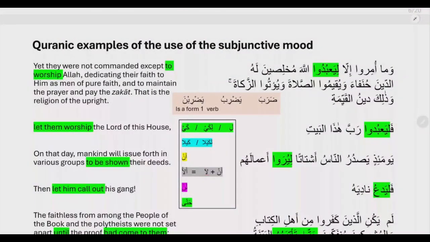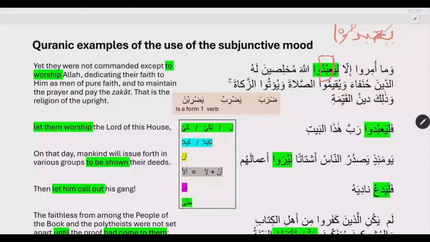If you look at this, وَمَا أُمِرُوا إِلَّا لِيَعْبُدُوا اللَّهَ مُخْلِصِينَ لَهُ الدِّينَ. Here you have the verb abada. Can you see these 3 letters? Ain, ba, dal, right? This is abada, to worship. Then the waw, alif, and the ya in the front: ya'budu.